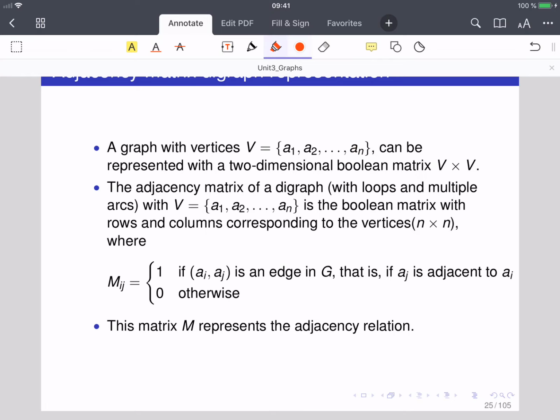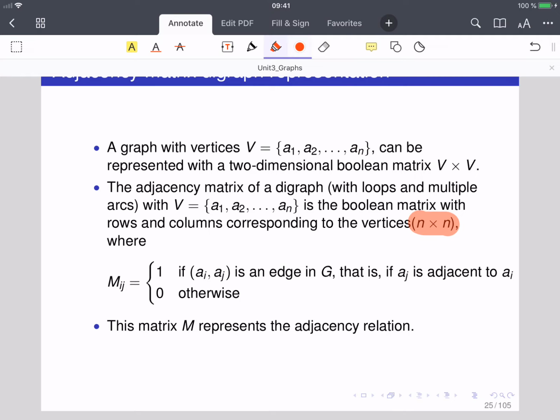What we are going to do is to represent the information of the graph in a matrix which has N rows and N columns. So it's N times N, the dimensions of the matrix.